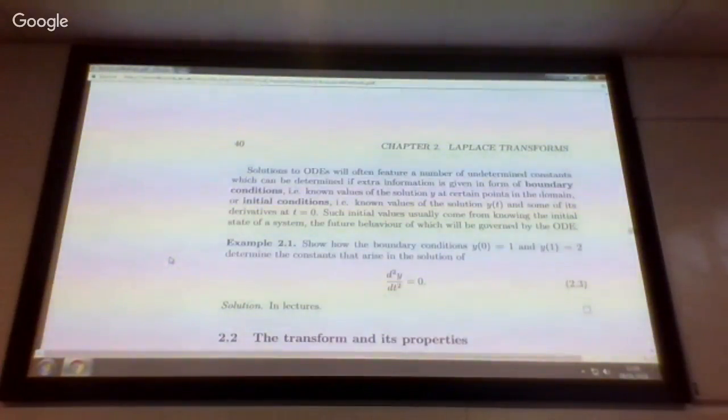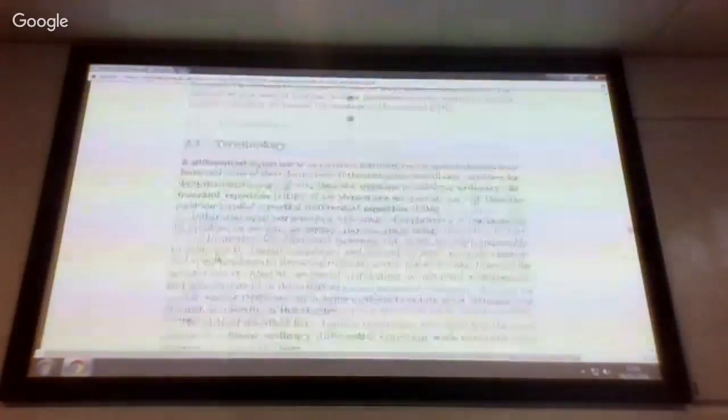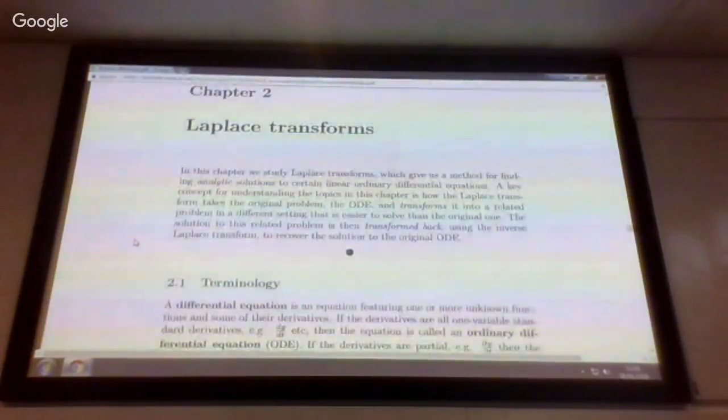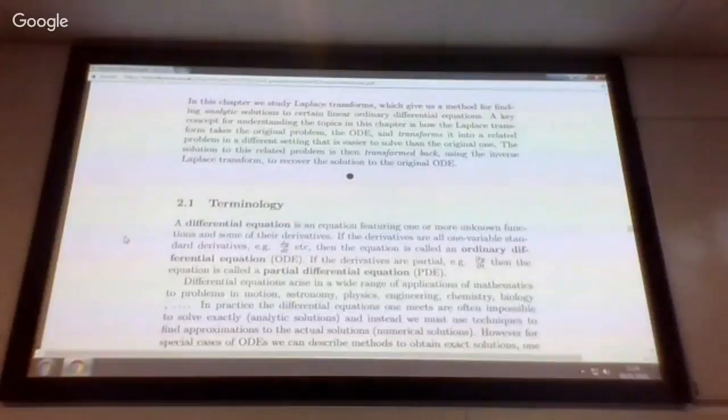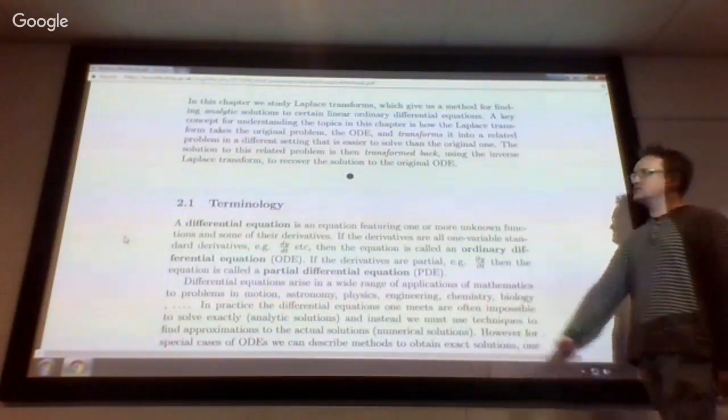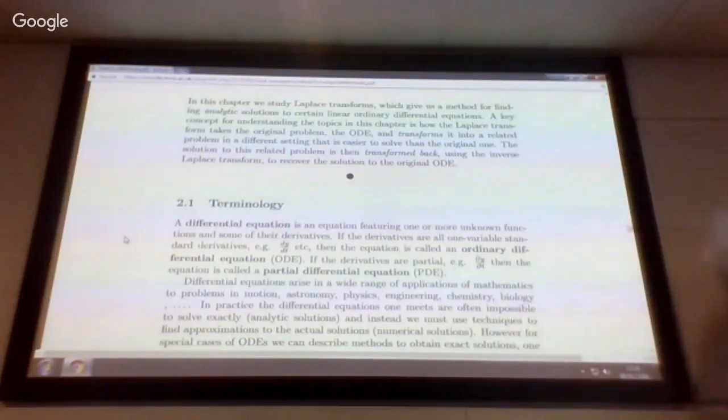Now, before we meet the Laplace transform and start investigating how to solve these equations, we just want to give a very quick overview of what the solution process is. So we're going to have this thing called a Laplace transform. What that's going to do is take the original differential equation, the kind of thing you see in 2.1, and transform it into a different setting.